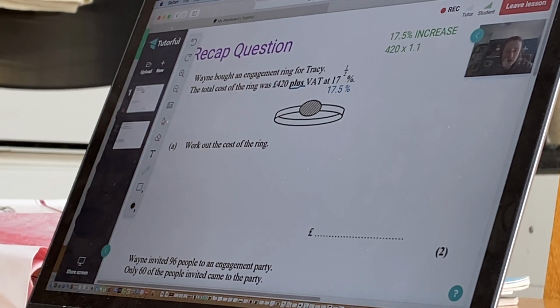For the cost of the ring, the percentage needs to be 17.5. No, the percentage, if you're timesing it like this, it would be 1.175. Is it 7.14?